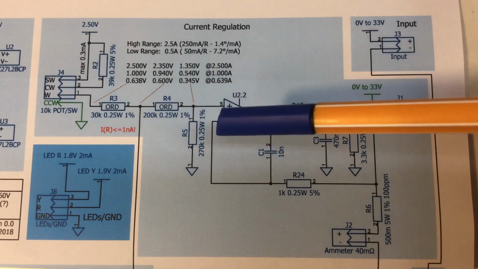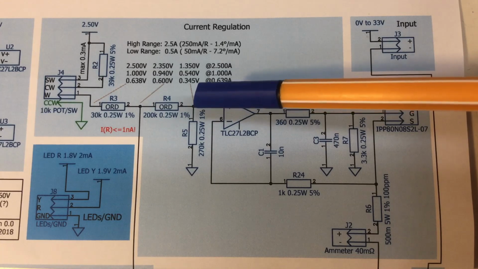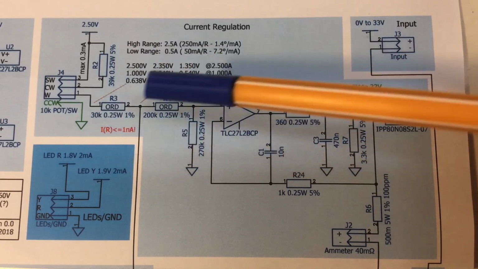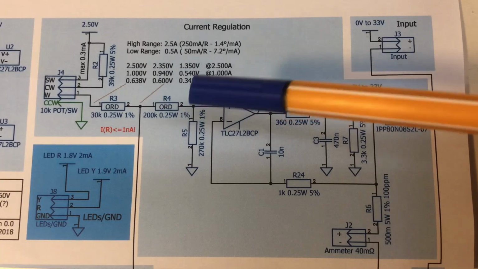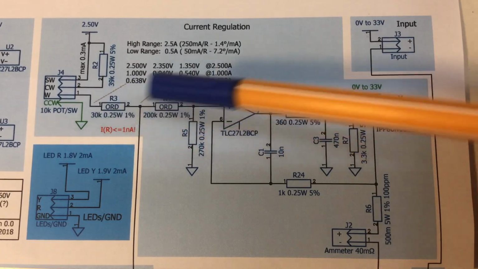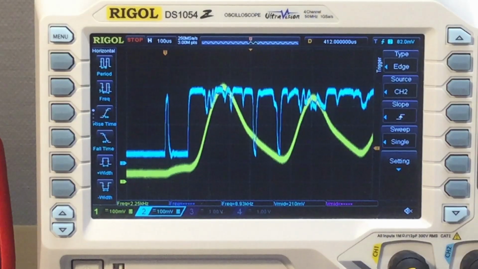A simple way to fix that would be to add another capacitor somewhere here. But let's first try to capture with the scope what's really happening.